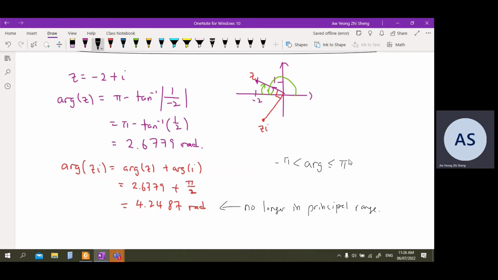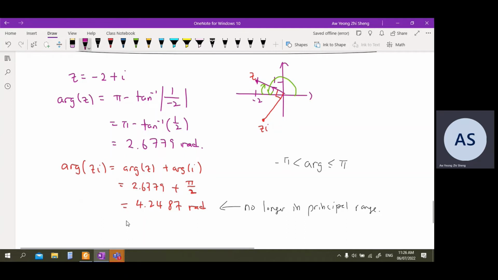Okay, so typically, if there are no other special instructions, by default, we are going to write our answer for arguments within the principal range. And so what we'll do here is we're going to reduce this angle by one cycle. By one cycle, I mean 2 pi. We're going to reduce this angle by one cycle so that we end up with an answer in the principal range, and it remains the same direction.